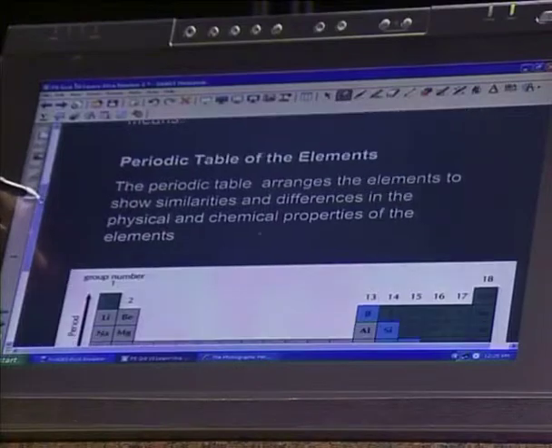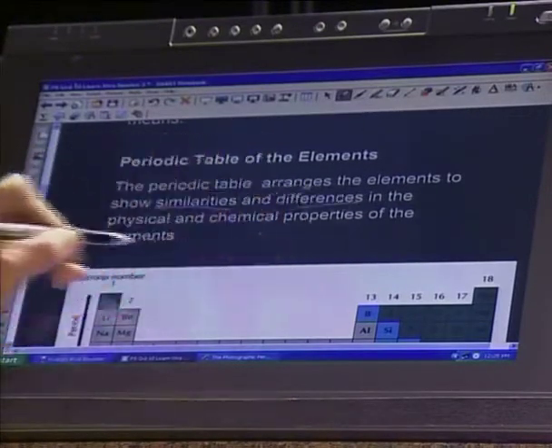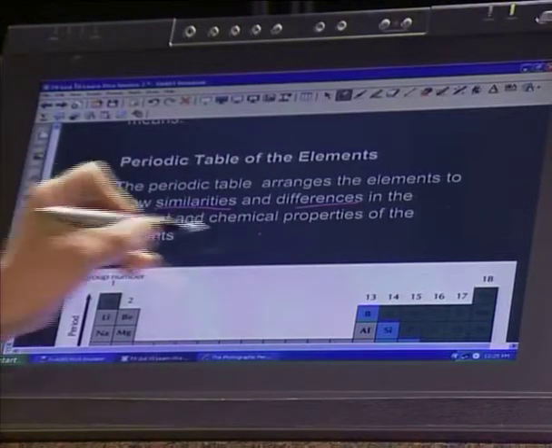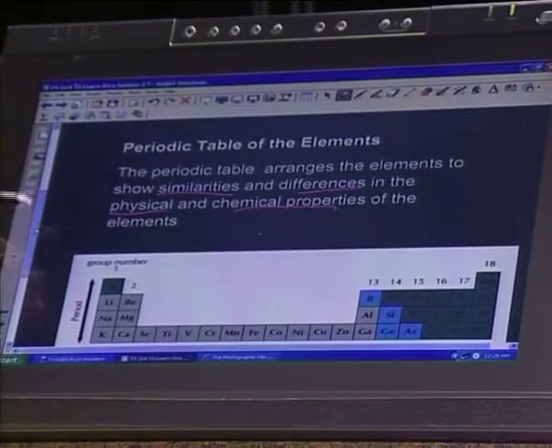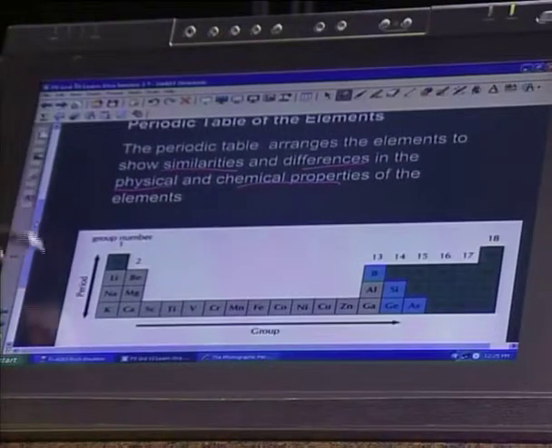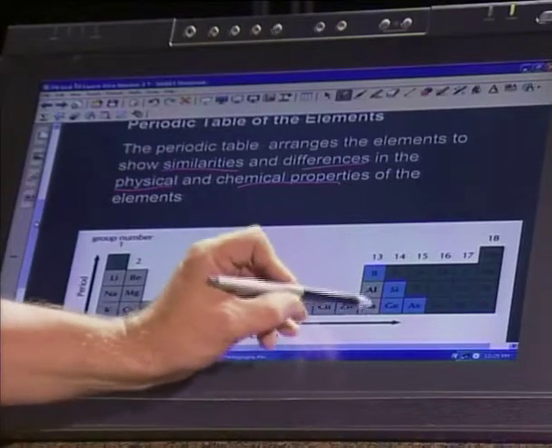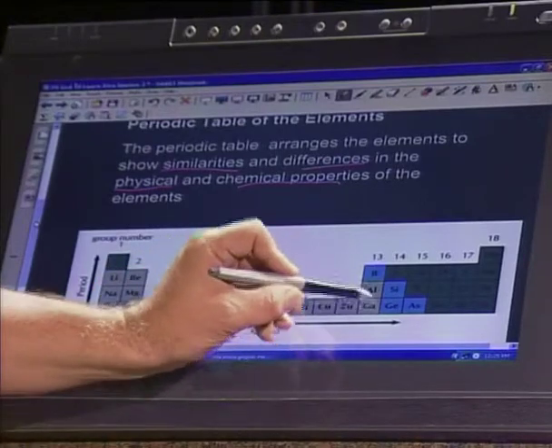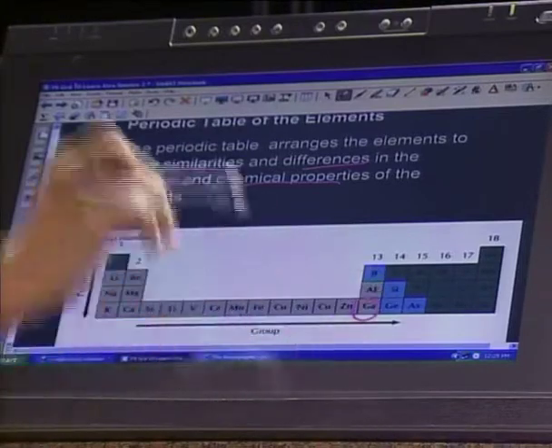The periodic table arranges the elements to show similarities and differences in the physical and chemical properties of the elements. The interesting thing about Dmitri was that Father Dmitri, he actually predicted, even though silicon or gallium, germanium weren't discovered at the time, he predicted what their properties were before the people actually found them.